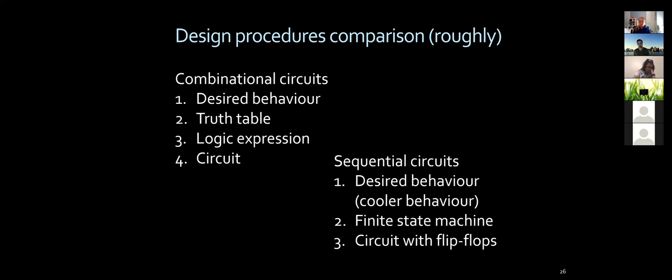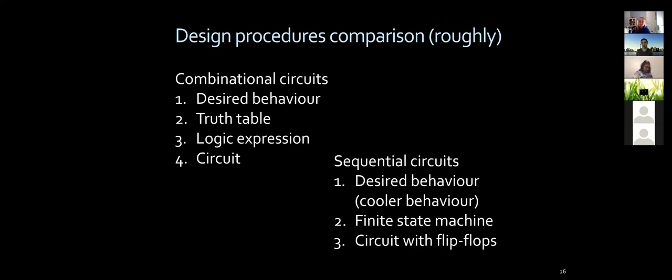Okay, so how are we going to design something using this? Very roughly, for combinatorial circuits, when we design, we have a desired behavior. We have a truth table, then we build a logic expression, then we build the circuit. I'm just reminding you how we build things, and you've seen this before, like when we played with K-maps. For sequential circuits, we have something very similar. We look at the desired behavior, but that behavior is much cooler because it has all these fancy transitions. Input matters.